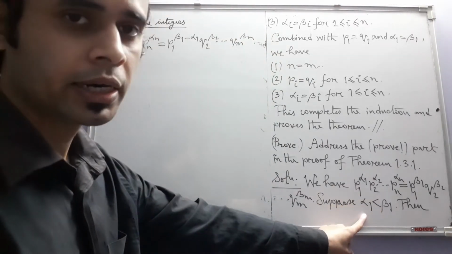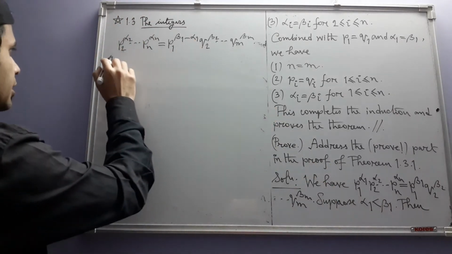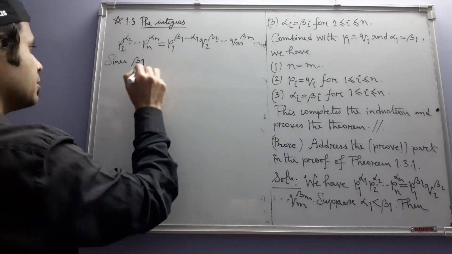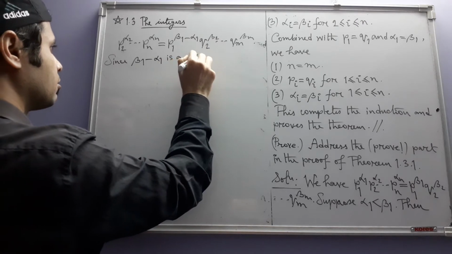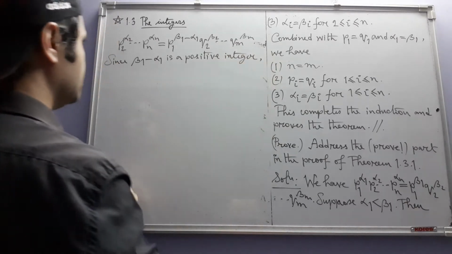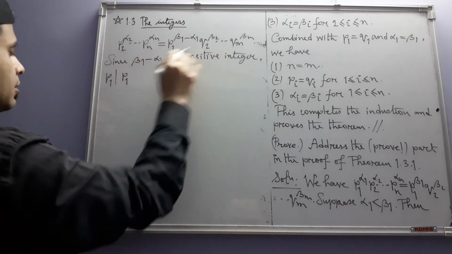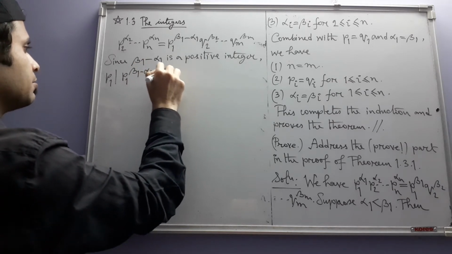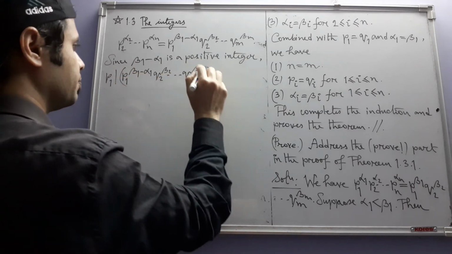Now beta 1 is greater than alpha 1, that means beta 1 minus alpha 1 is a positive integer. So since beta 1 minus alpha 1 is a positive integer, P1 divides the right hand side, P1 to the power beta 1 minus alpha 1 times Q2 to the power beta 2 etc. to Qm to the power beta m.